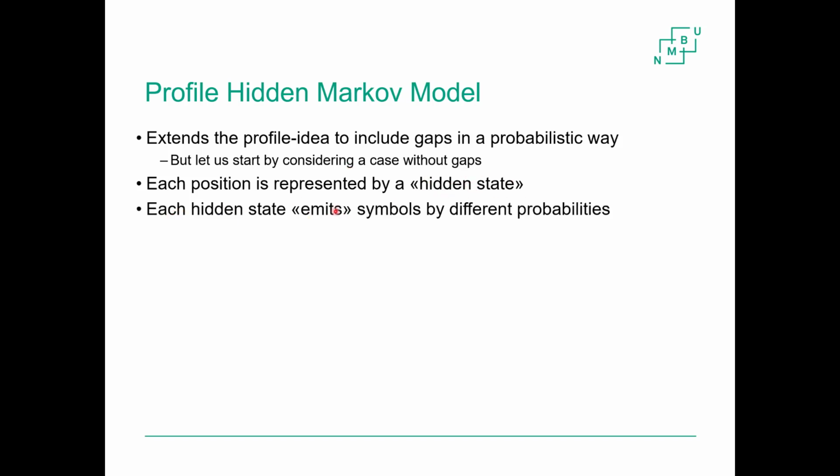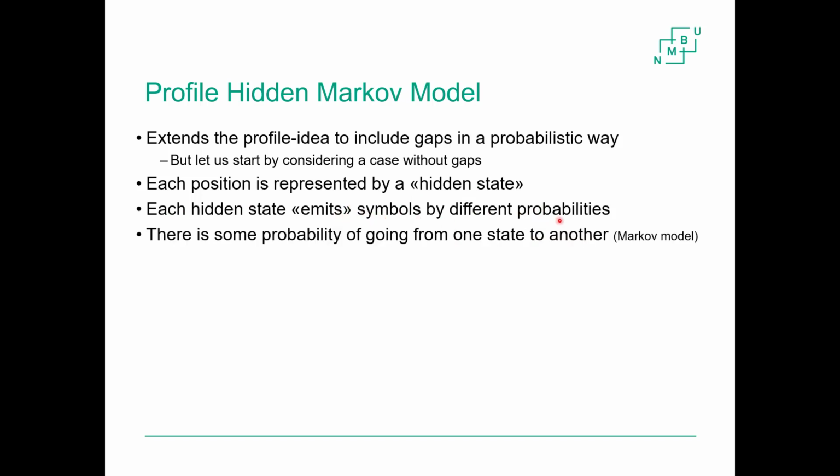And from each hidden state, symbols are emitted by different probabilities. So what on earth does this mean? We will see. And there is some probability of going from one state to the other state. And that's where the Markov modeling comes into place. But for now, these probabilities are 1 all the way through.